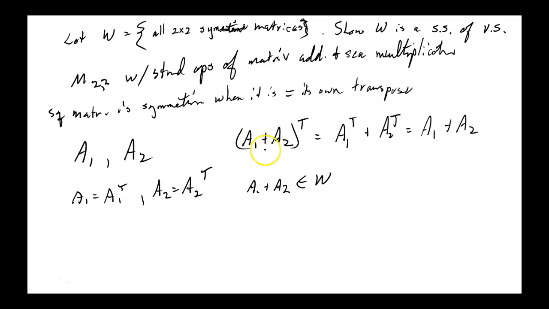We've got to show this is a symmetric matrix, and we've just shown that the transpose is equal to itself. So therefore, it is closed under matrix addition.